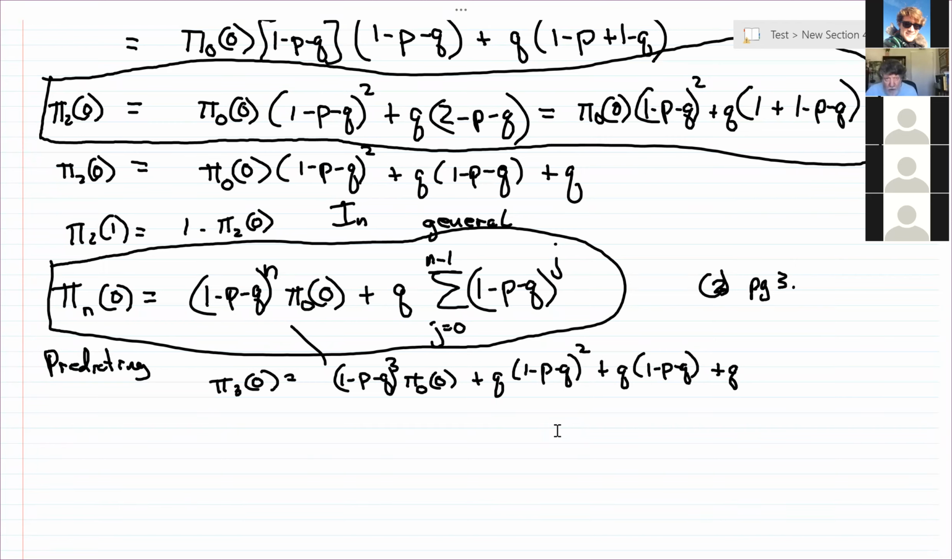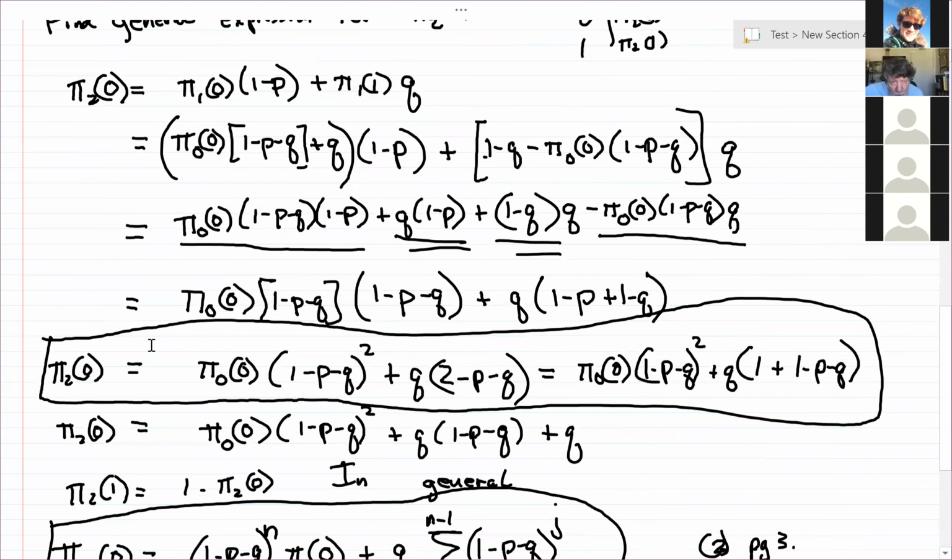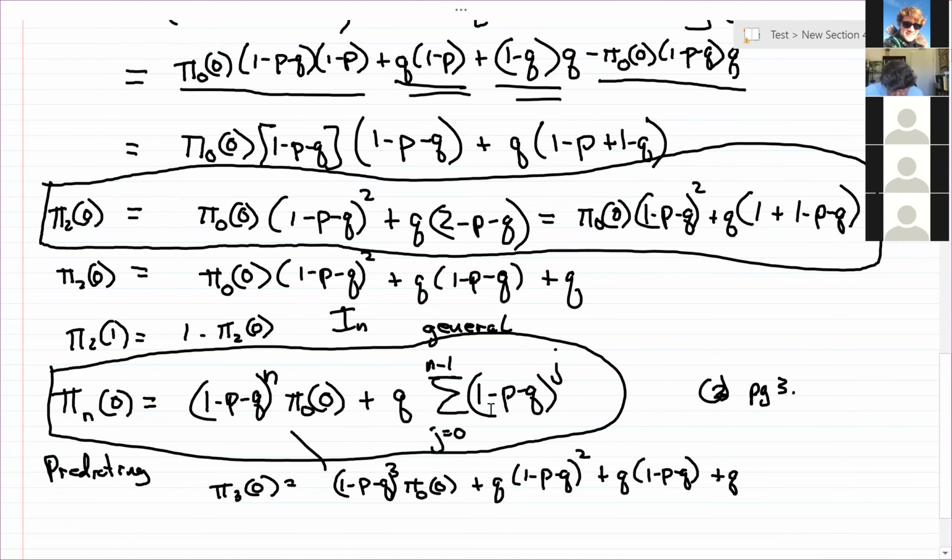Okay, so this is the claim. We want to see that this holds for not just n equal 1 or 2, which are the two cases we have. We want to see that it holds in general. What I'm going to do is essentially a proof by induction.